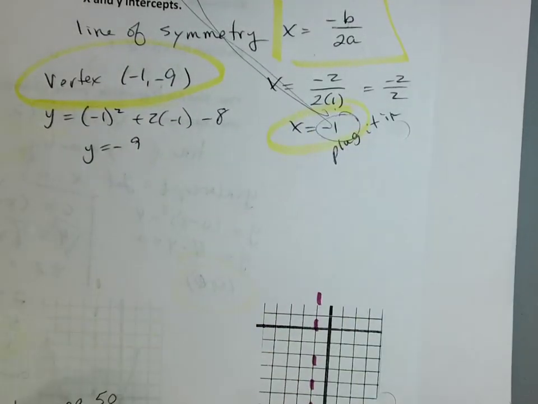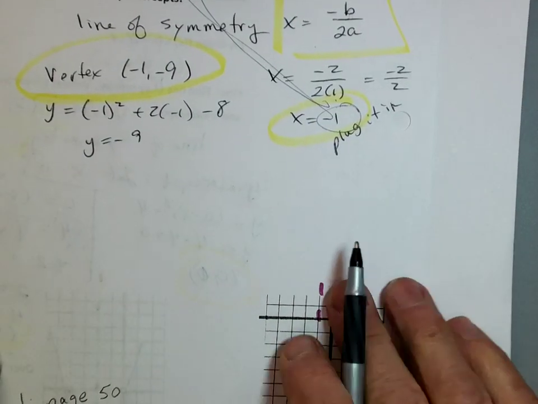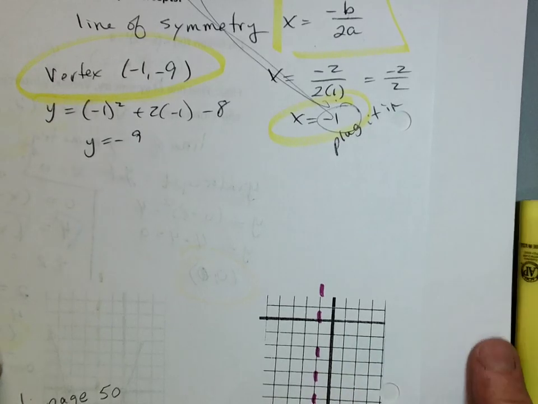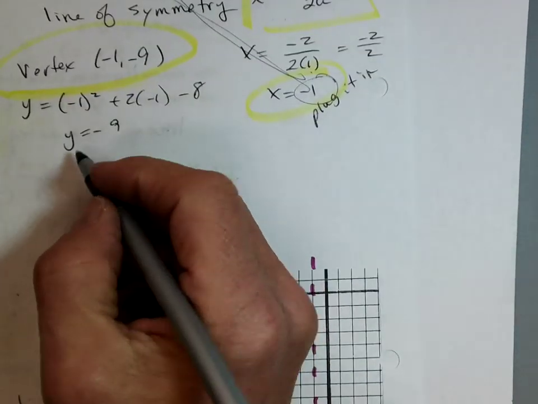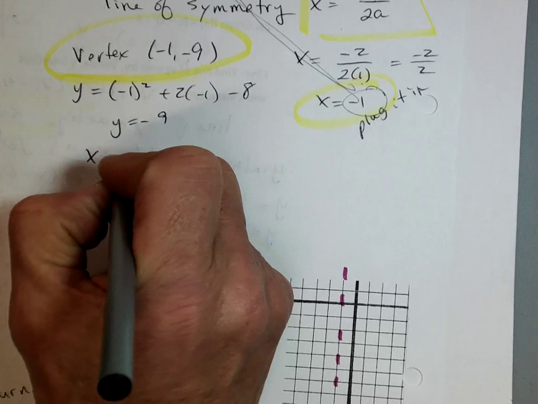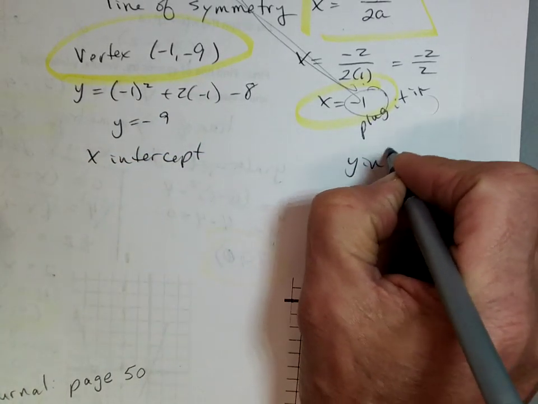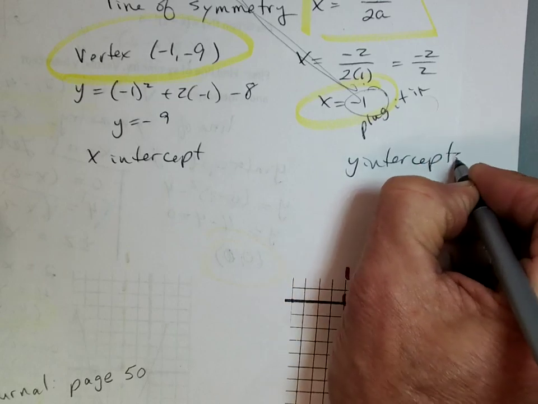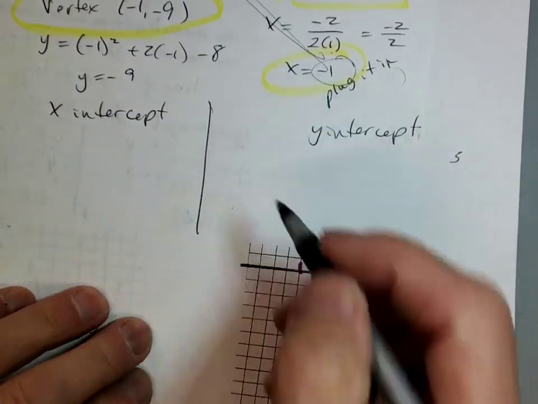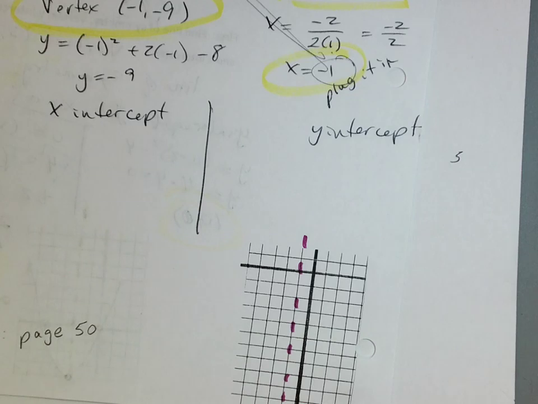All right, now, same thing. Flip the page real quick, and I'll flip it back. X-intercepts and y-intercepts. To get the y-intercept, same rule: just let x equal 0.